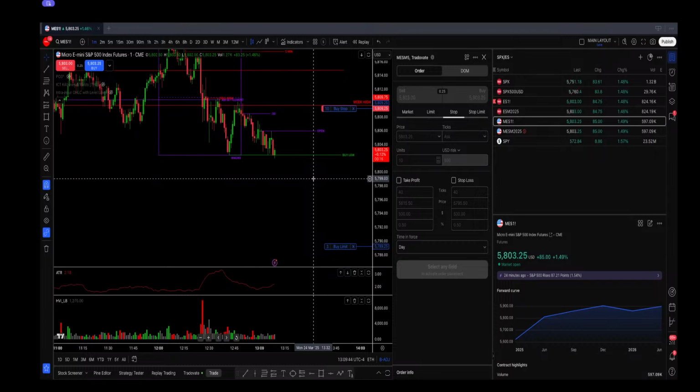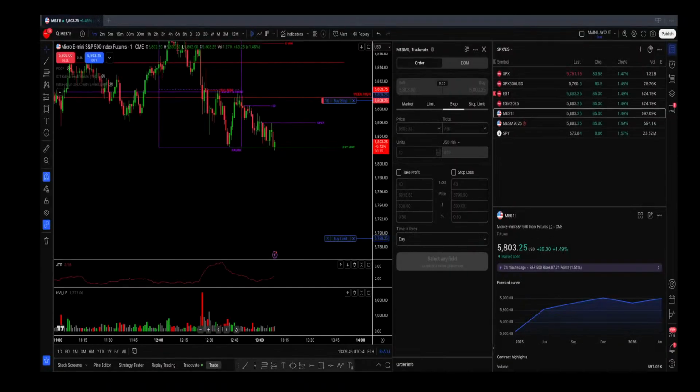Oh, I want to be a bear so badly. I mean, a bull so badly. Serotonin.